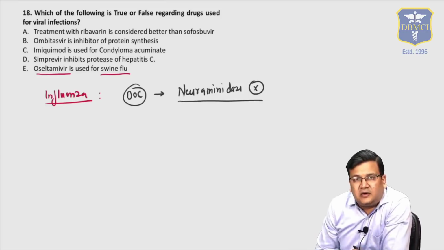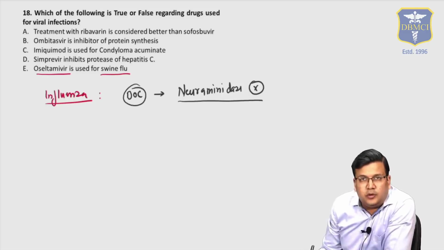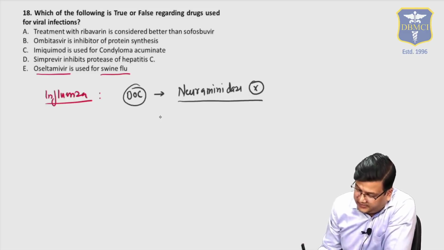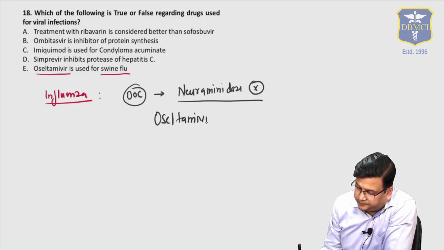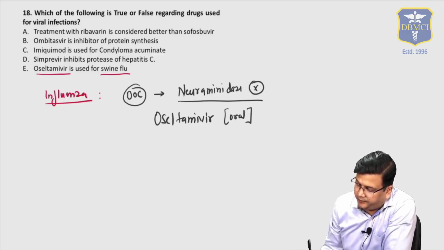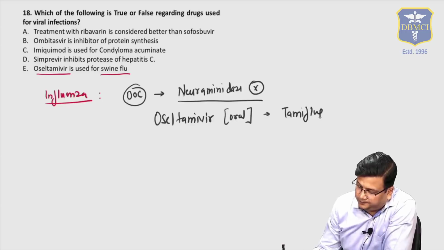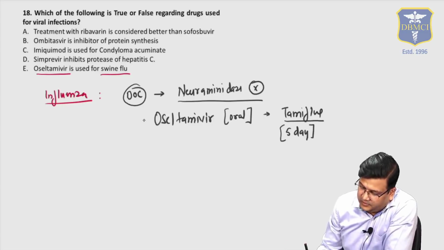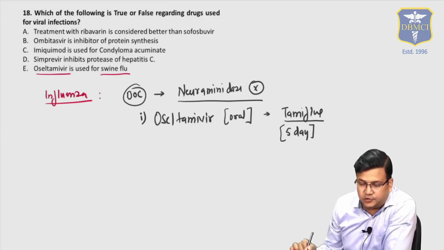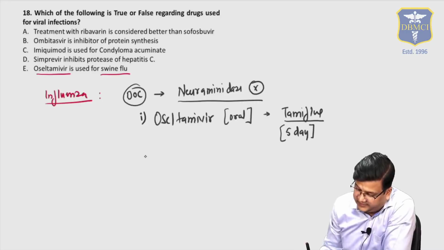Neuraminidase inhibitors are the class of drugs or drug of choice for treatment of influenza, and two important neuraminidase inhibitors are oseltamivir, O for oral, it is given orally, known commonly as Tamiflu. A 5-day treatment is given. So number 1, oseltamivir is used for swine flu. For 5 days it is given.